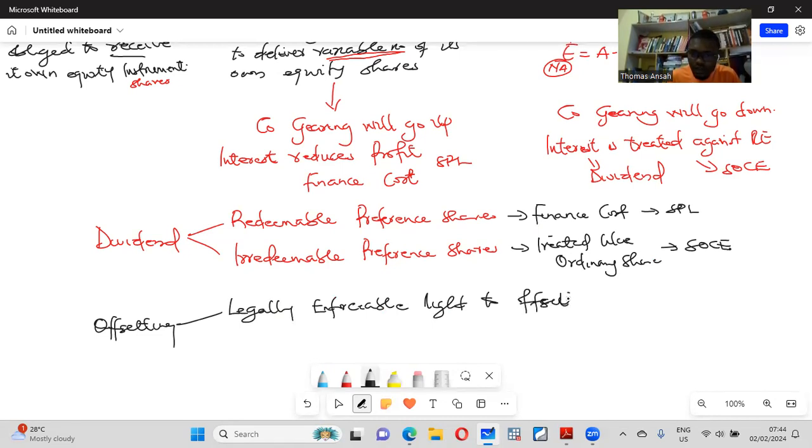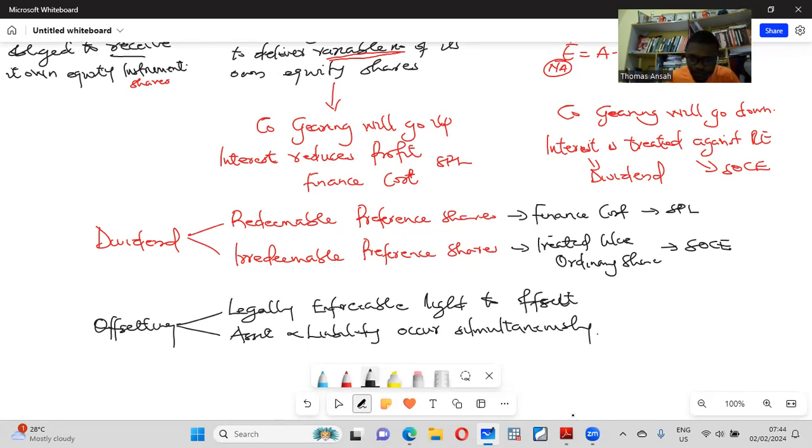Not only that, also when the assets and liabilities occur simultaneously, you can offset. All right. So this is IAS 32, the first part of our standard on financial instruments. So that is what you need to understand.